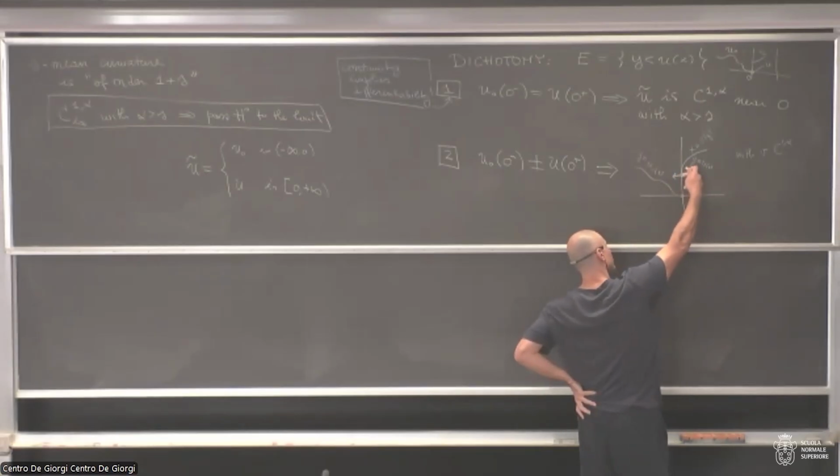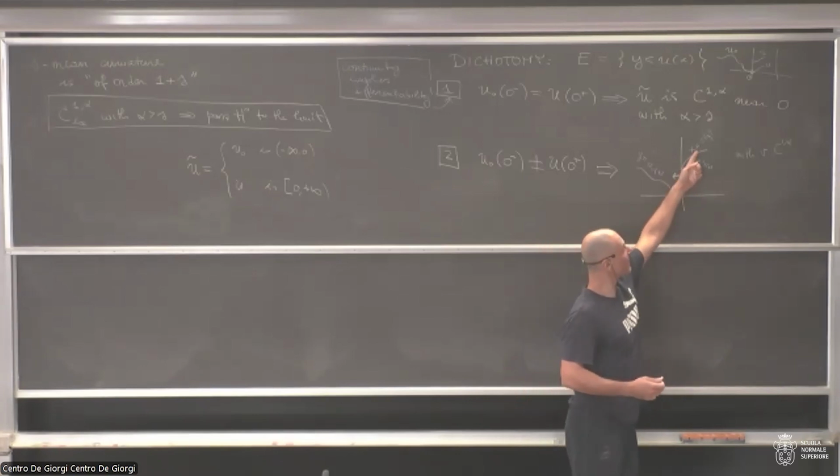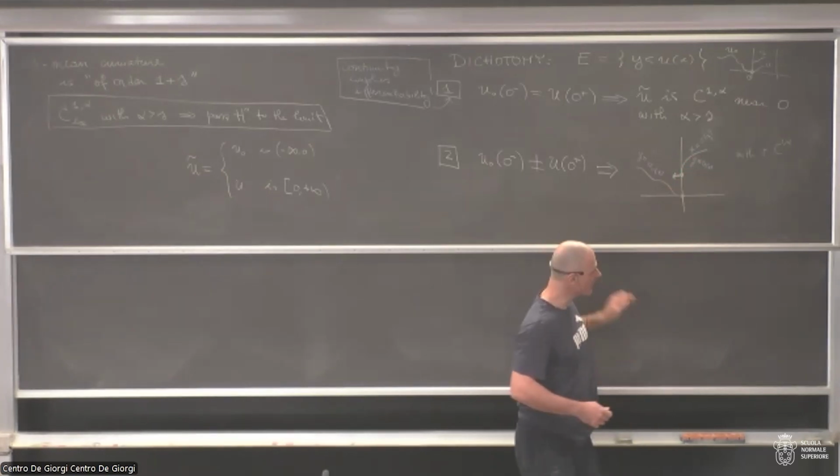So the domain itself is the obstacle, and you have a C1 alpha detachment from the obstacle, which is exactly the fact that v is C1 alpha.